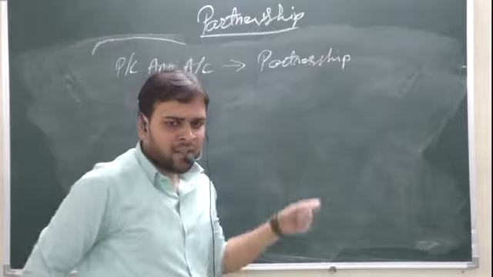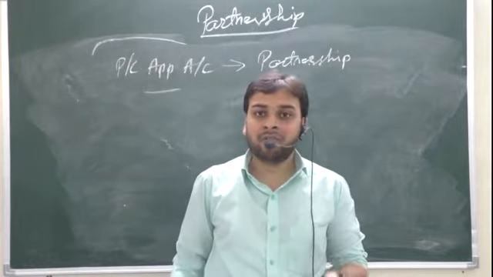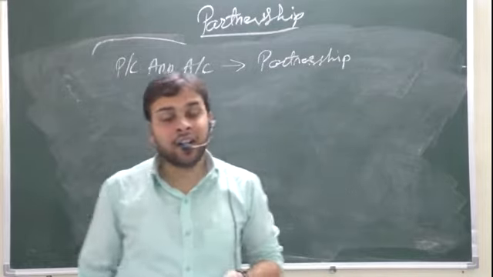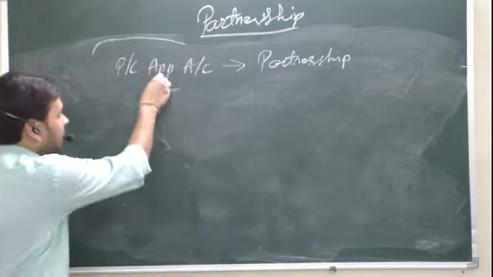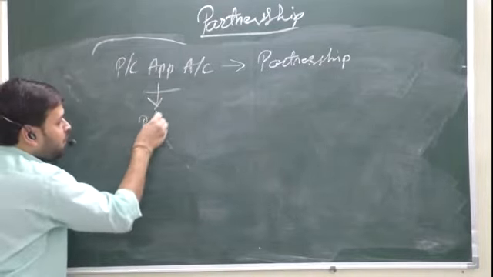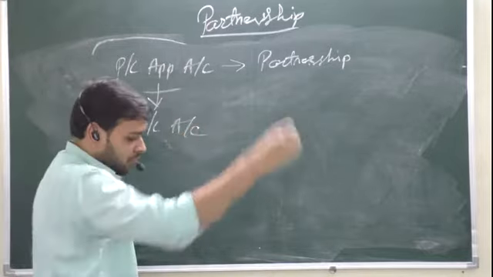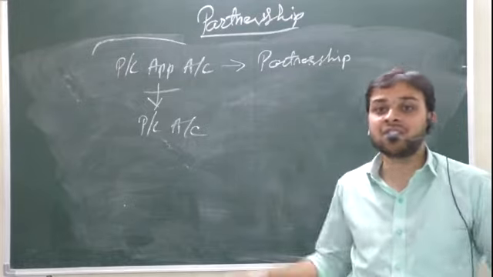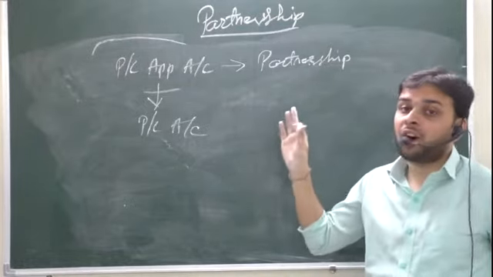business. This account is prepared after trading account and profit and loss account. It means that it is an extension of P&L account. P&L appropriation account is nothing but the extension of profit and loss account.